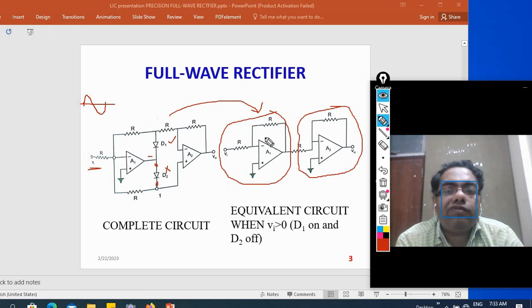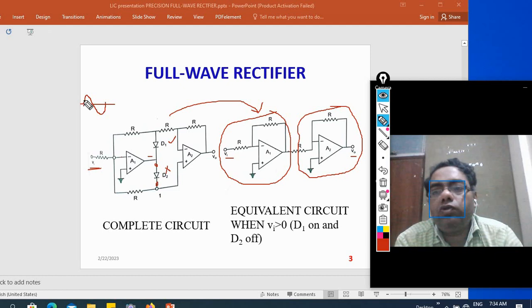The output of the first inverting amplifier will be negative of Vi, and the output here will be negative of that, which means the output will be the same as Vi. The gain we can make unity by taking suitable values of R, since both the feedback and input resistors are R, so the gain will be 1. So V0 is equal to Vi.